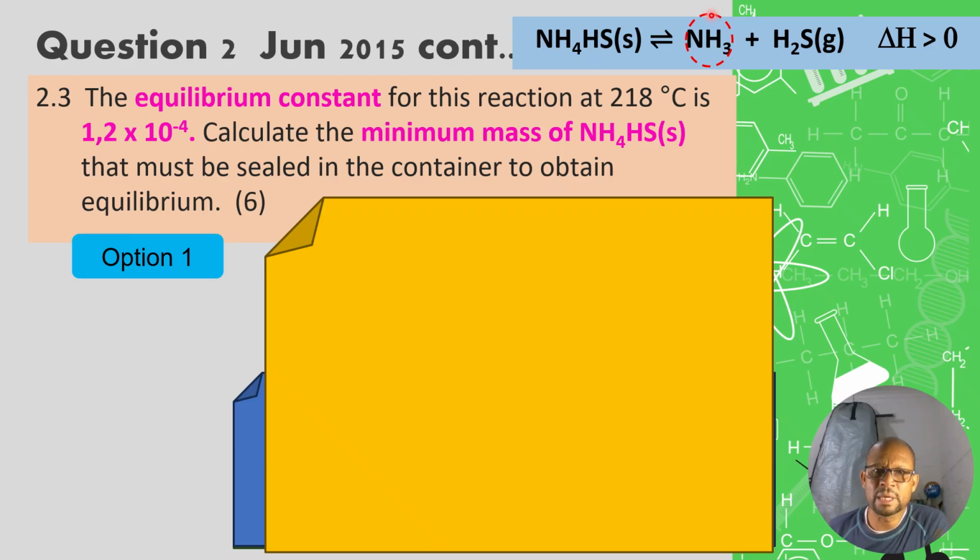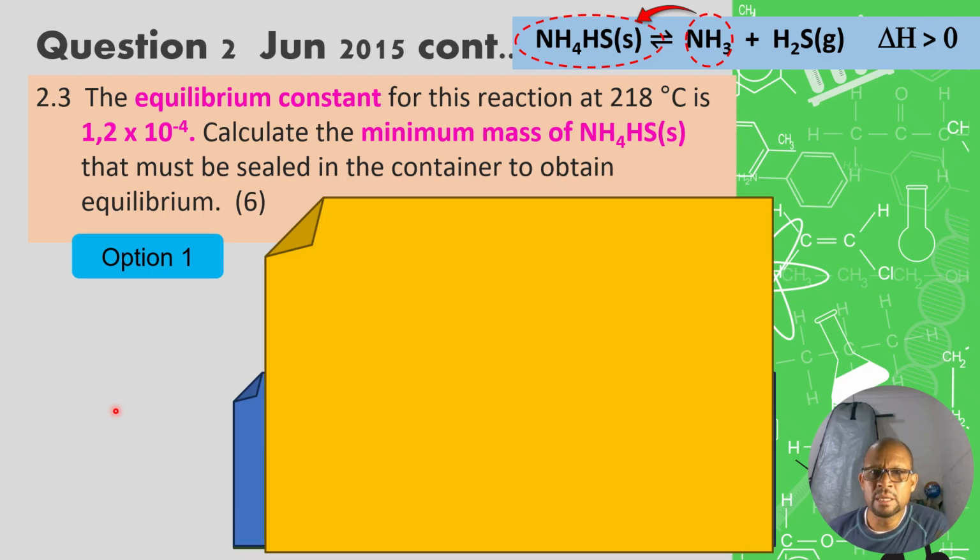Take that moles, relate that moles to the ammonium hydrogen sulfide, and then once you have that in number of moles, you can convert that to what was asked in the question. And remember, we have to calculate the mass of ammonium hydrogen sulfide.